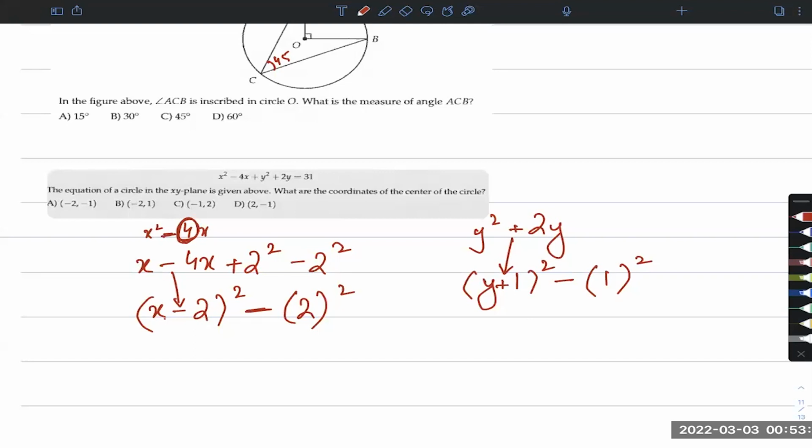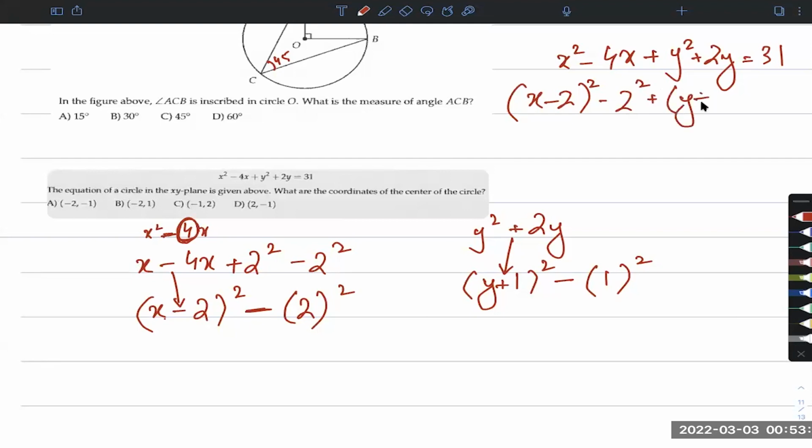So now if I were to do this again, x squared minus 4x plus y squared plus 2y equals 31. So what I'll do is x minus 2 whole squared minus 2 squared plus y plus 1 whole squared minus 1 squared equal to 31. That gives me x minus 2 whole squared minus 4 plus y plus 1 whole squared minus 1 equal to 31.